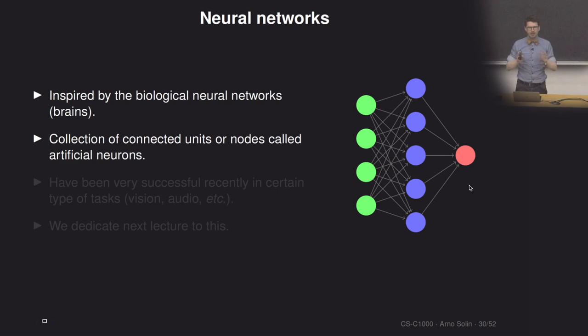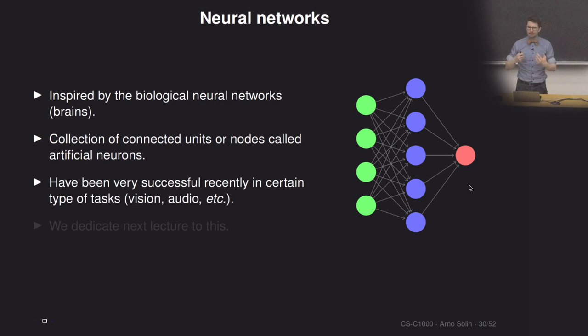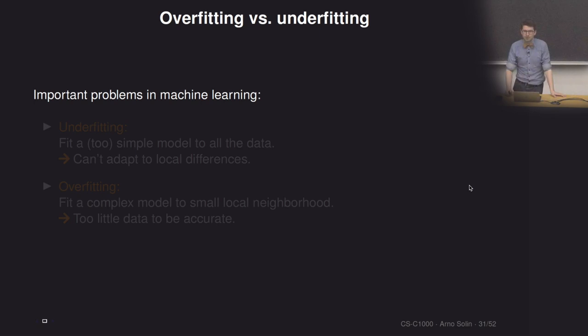And you have a collection of units that interact, and these models are extremely flexible, super hard to read what they actually do, but they can do a lot of impressive things. And impressive things we will look into next week. So I'm not covering neural networks in more detail than that.